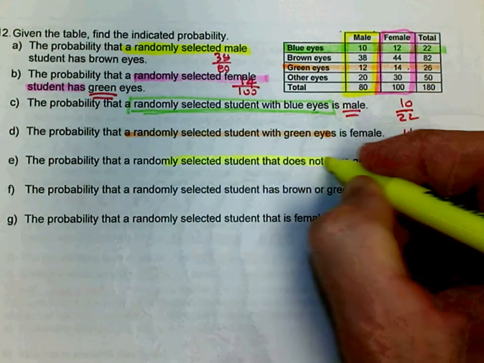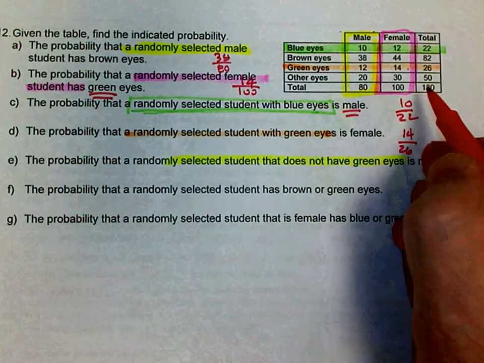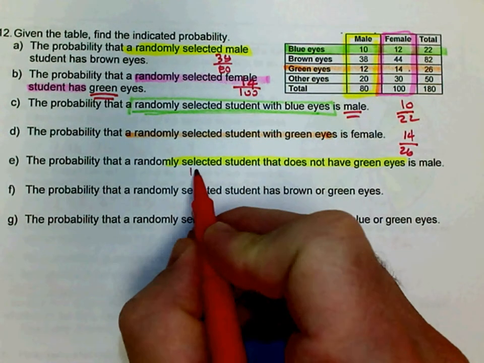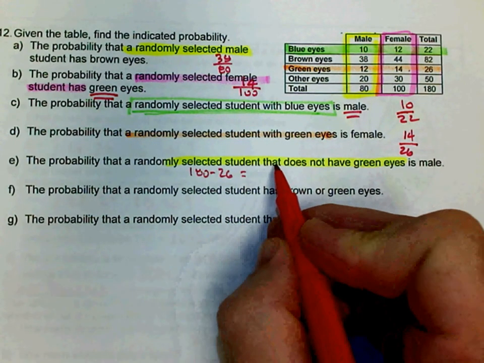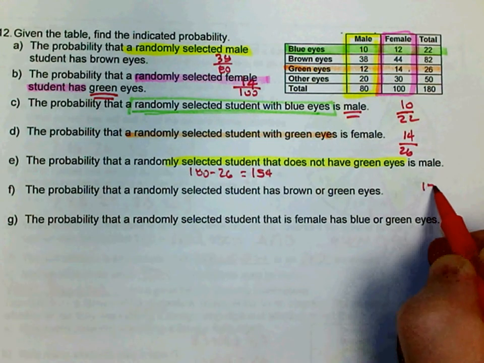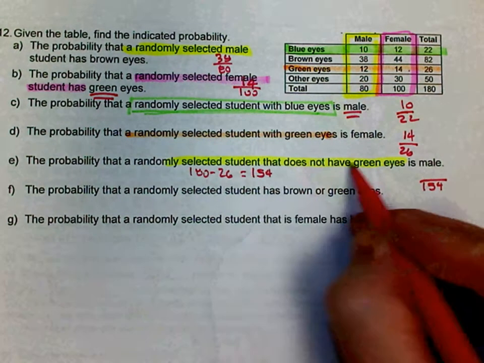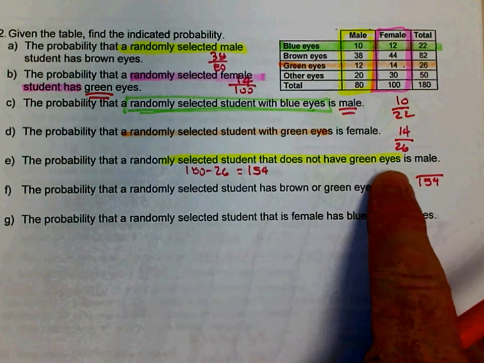Well, there were 180 total students. 26 had green eyes, which means there were 154 students who do not have green eyes. That is our denominator. That is the condition that must be met. Then we look and see how many of those were male.